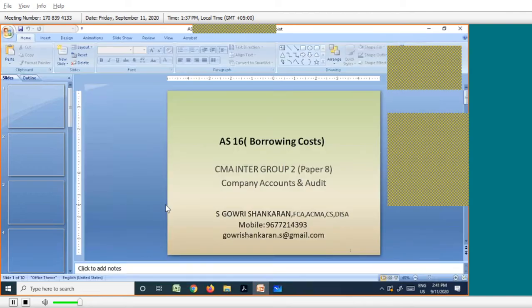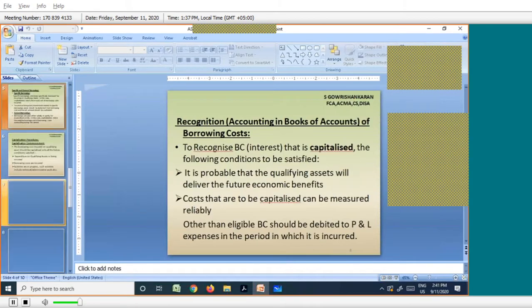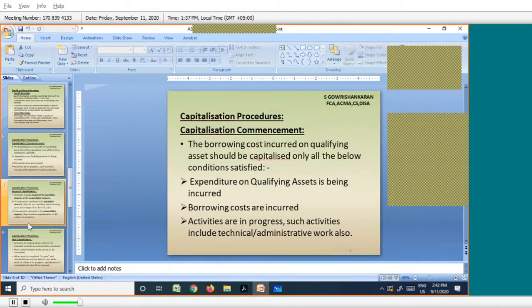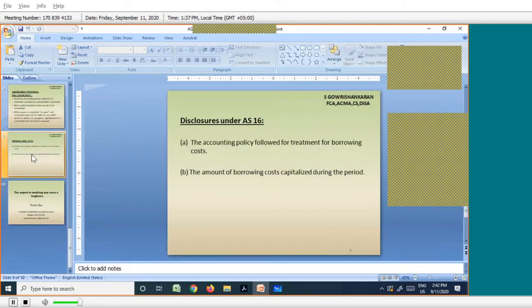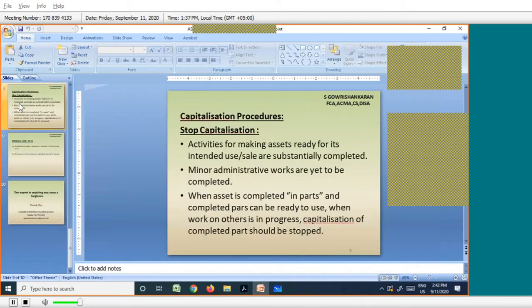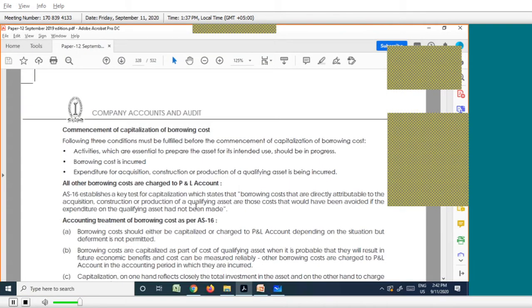What next? I think disclosure. So what I suggest is we'll go to the material and we'll solve the problems.